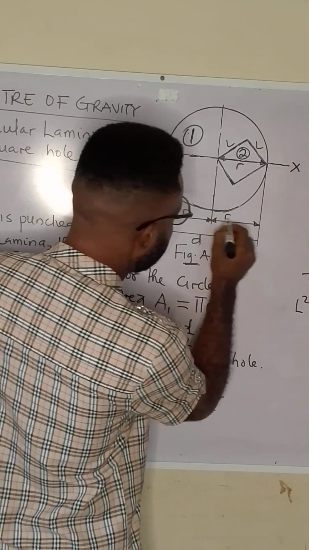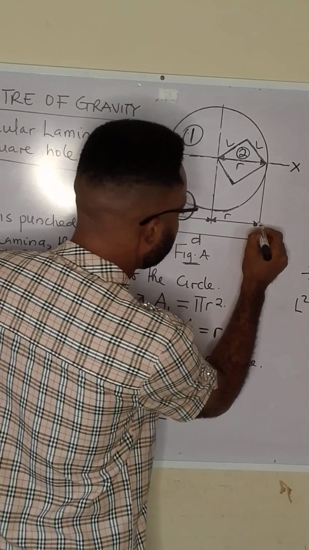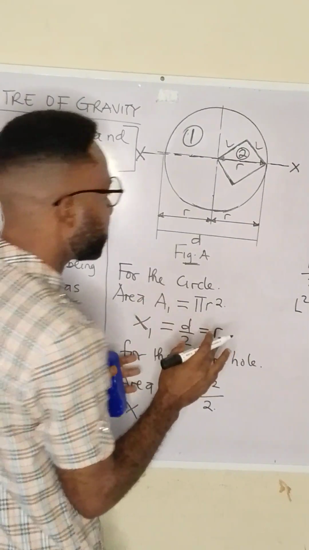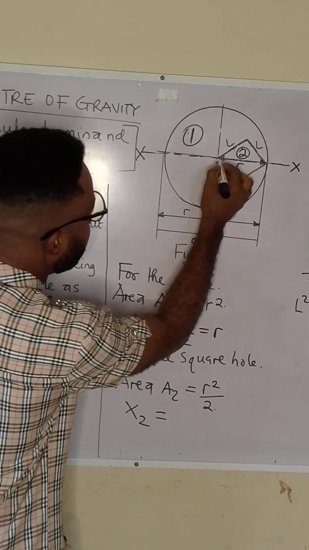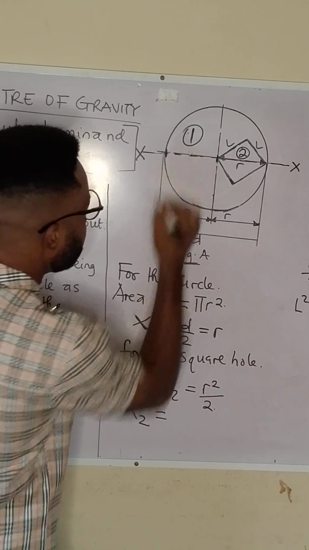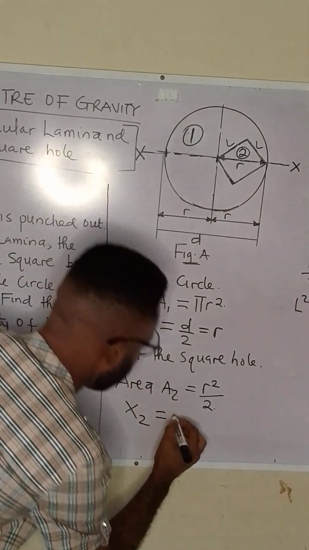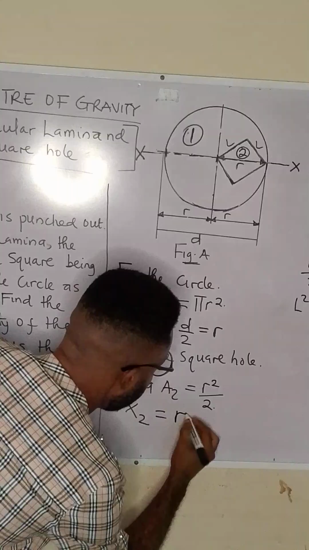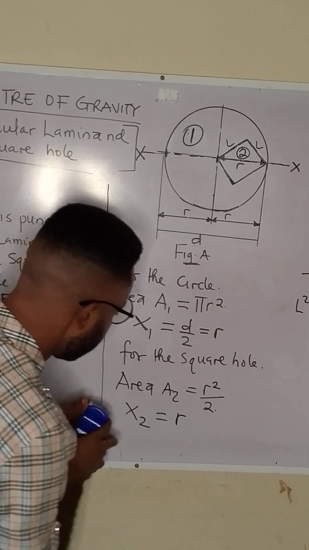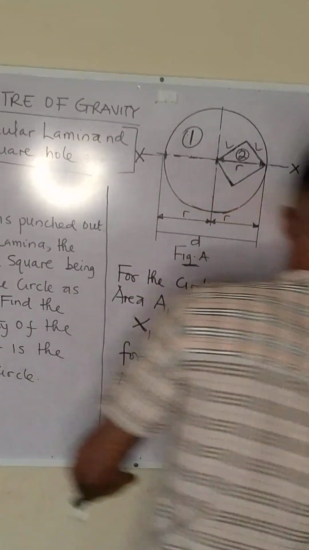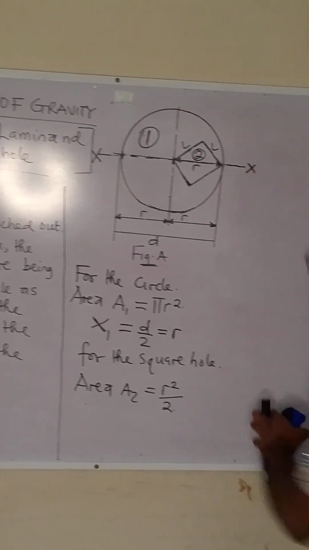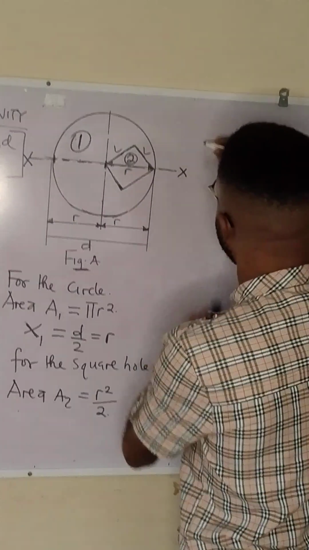So we are considering everything from here down to this point is the x-axis. Now first we have to consider this. From here down to here is the first r we are going to consider. So this will be r. Okay, let me take it up there so that I can have space for the calculation. So we take our x2.